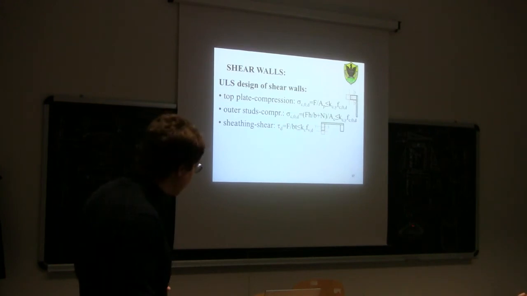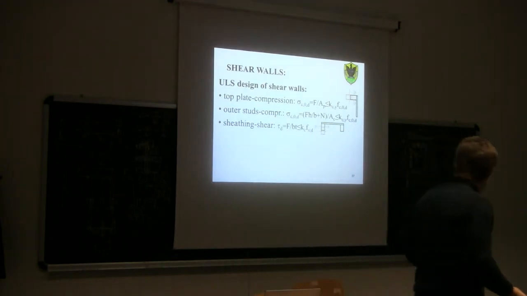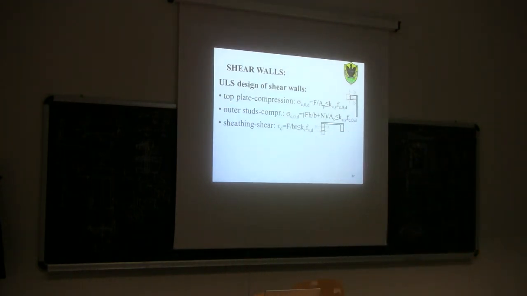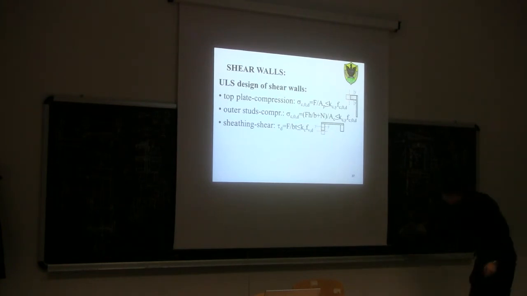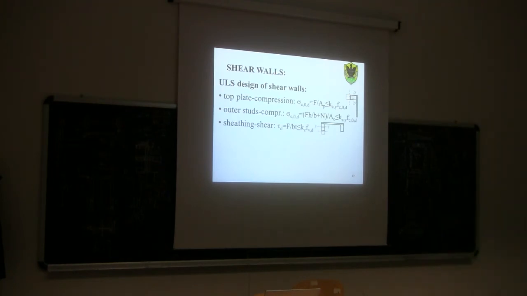And of course, this inner stud must be connected using some nails to the sheathing itself. In the absence of this nail connection, the effective length would not have been halved by the inner stud. Okay?